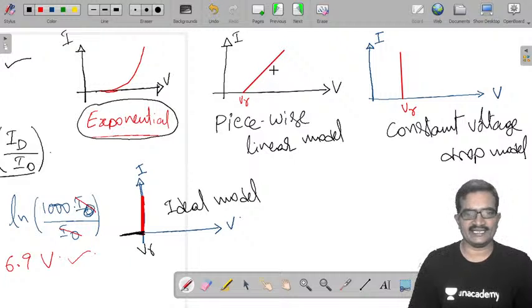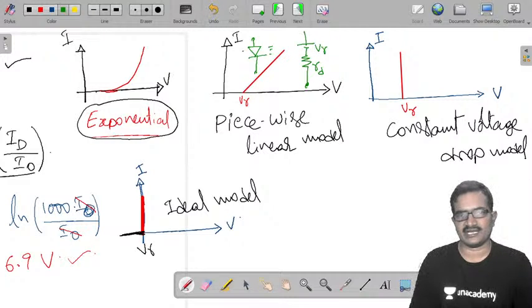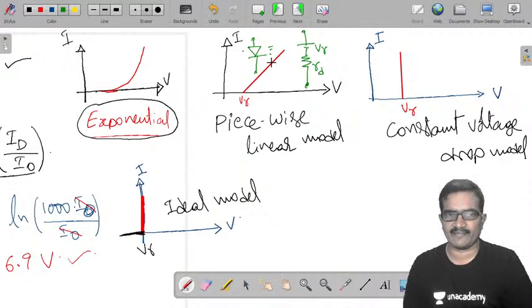In this region you can define your diode by a simple equivalent circuit. When we have a diode like this, you can write its equivalent circuit in this region as just its cut-in voltage V gamma and its dynamic resistance RD. Dynamic forward resistance, or dynamic resistance in forward bias, is RD. This is its equivalent representation in the piecewise linear model.